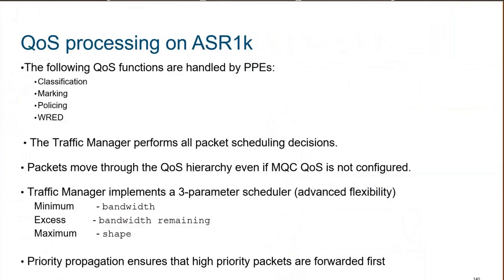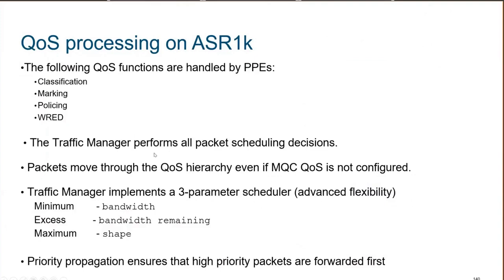For QoS processing, we have different options: classification, marking, policing, WRED. Classification will just classify the packets. Marking will add the bit on the packet, which will mark the packet. Based on that, we can police later, and we have the random detection option as well.